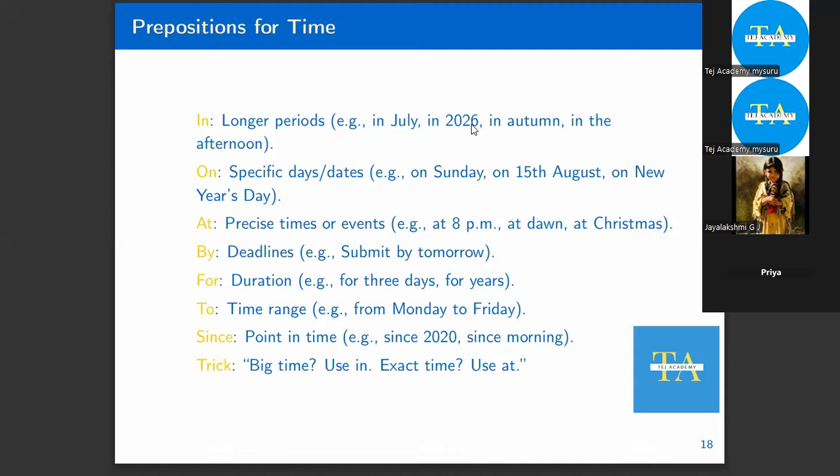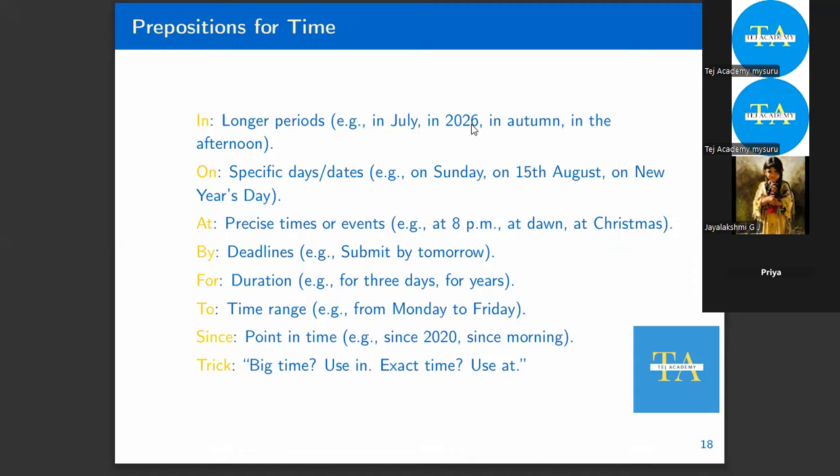And for is of course for duration, like for 3 days. He has taken a fast for 3 days. And for is used while speaking about time duration. And from and to go with a time range.